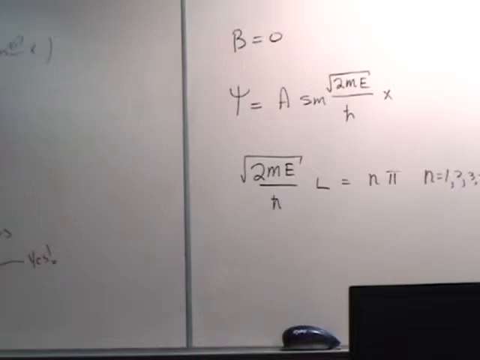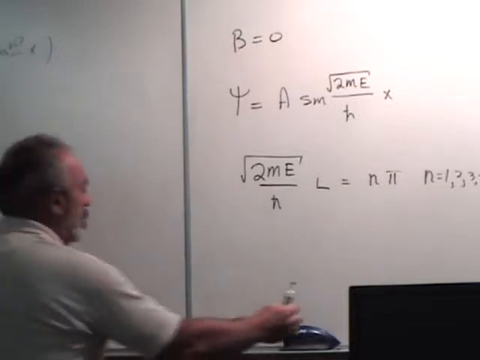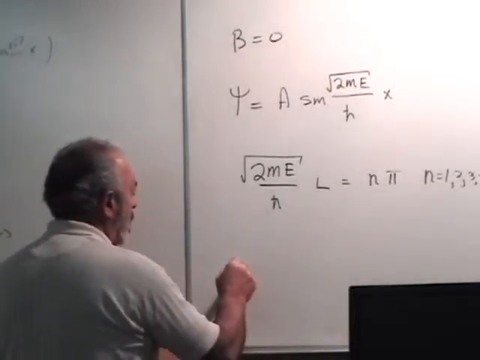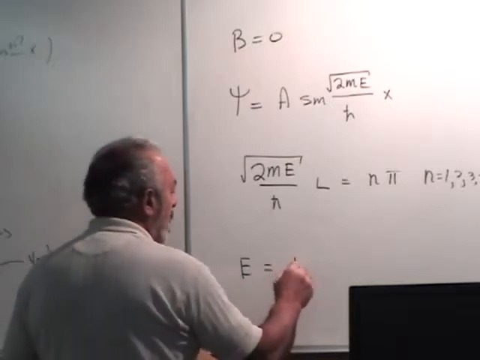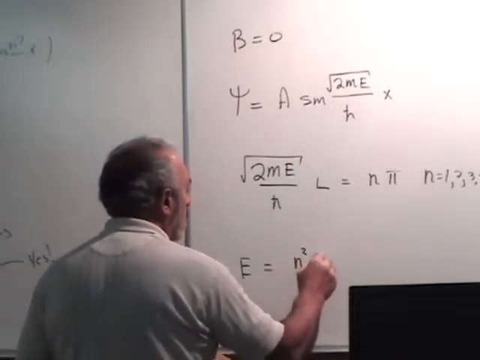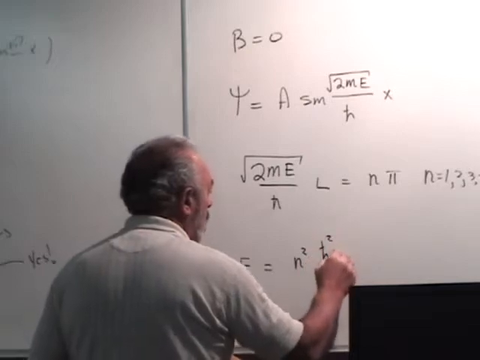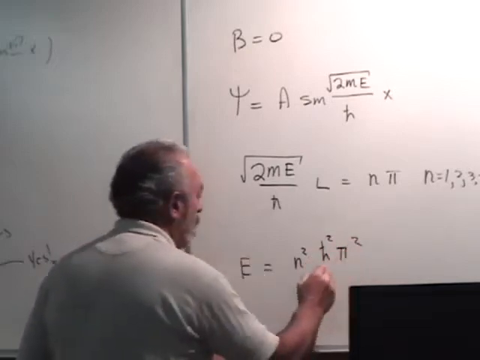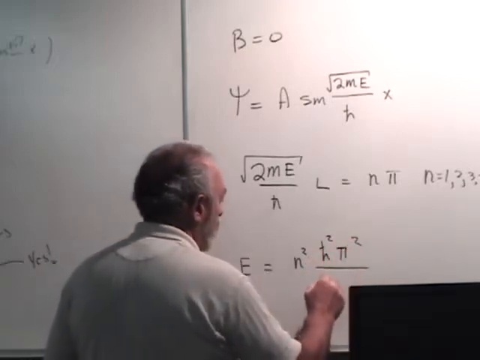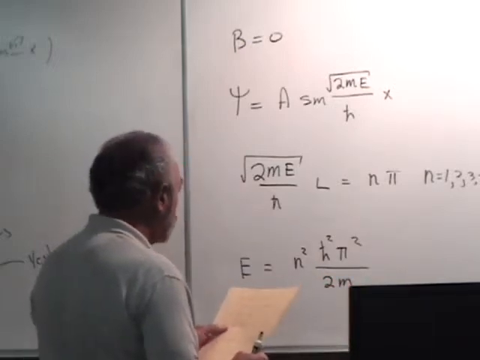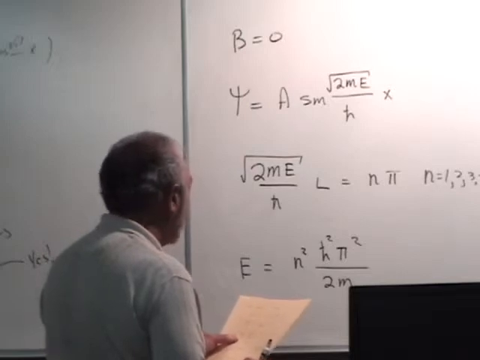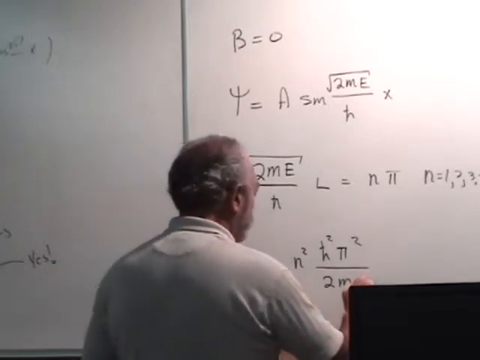Hence, therefore, we can solve this thing for E, square both sides of the equation and solve it for E. And I'm going to modify this in just a second. E equals n squared, pi squared, h bar squared over 2m, L squared.